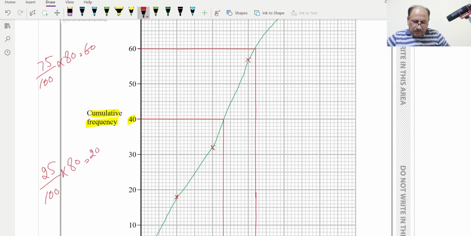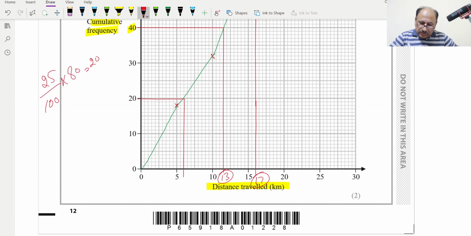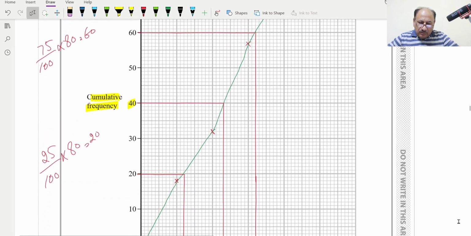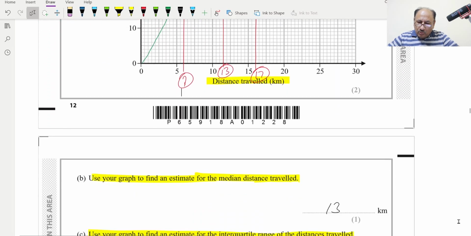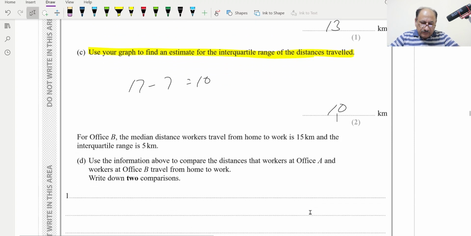So we will be checking reference from 20, and reference from 20 will be this point, and this is up to 7. So 17 is upper quartile and 7 is lower quartile. So 17 minus 7 is equal to 10. So this value will be 10 kilometers.